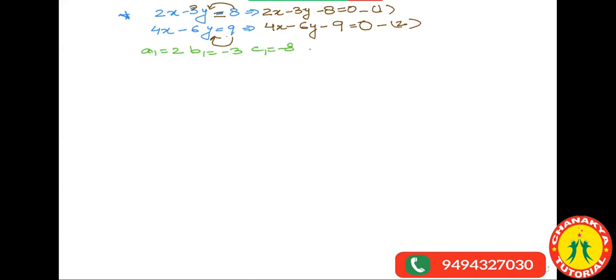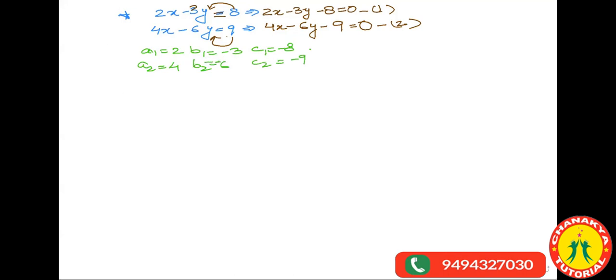Yes. Good. Meher, tell me the values. 4, minus 6 and minus 9. Good.